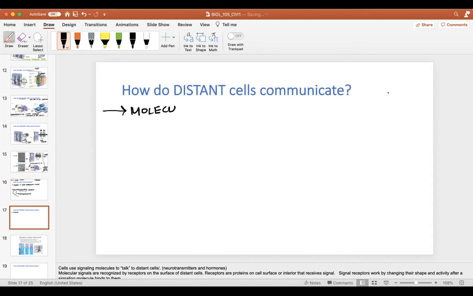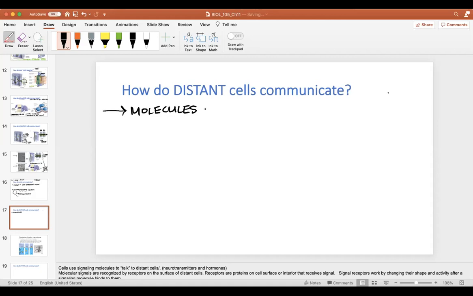And in multicellular organisms, these molecules are going to have to be distributed through some mechanism, whether it's a circulatory system, if you're a vertebrate or an invertebrate animal, or if you're a plant, maybe there's a network of xylem and phloem tubes, which act kind of like a circulatory system in plants.